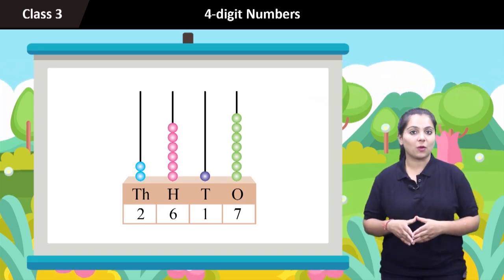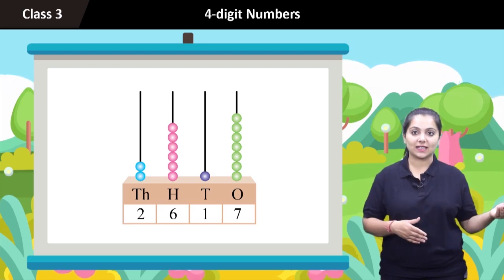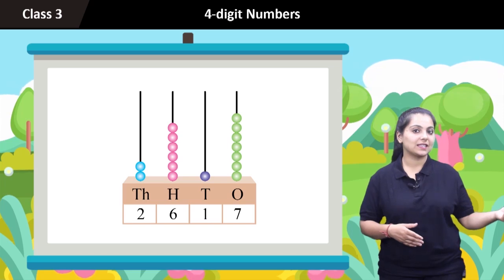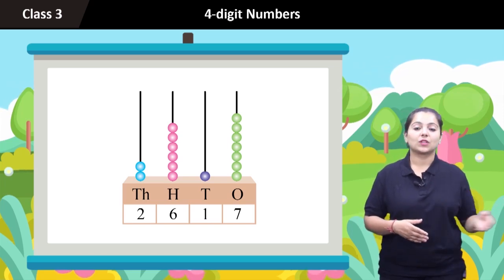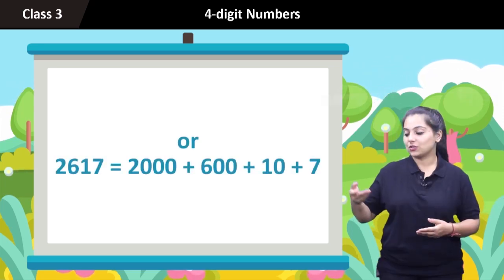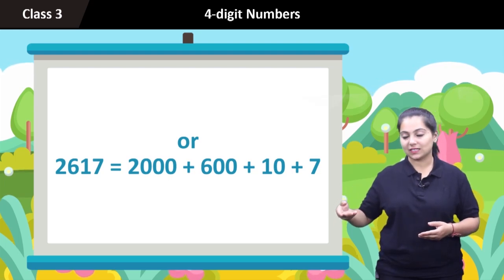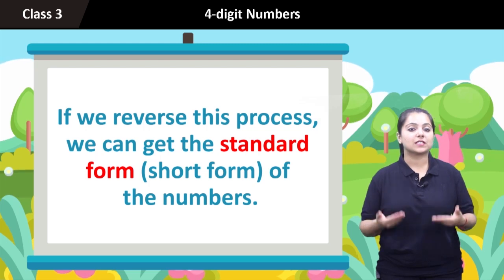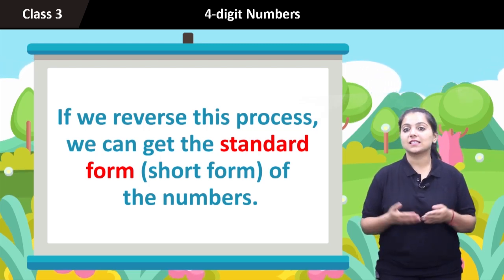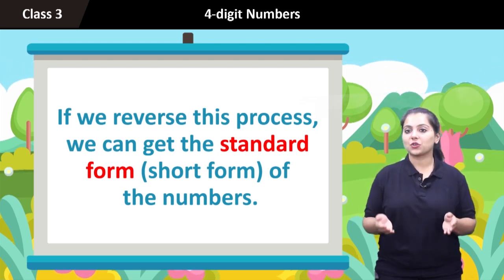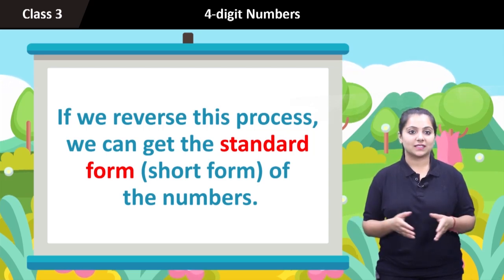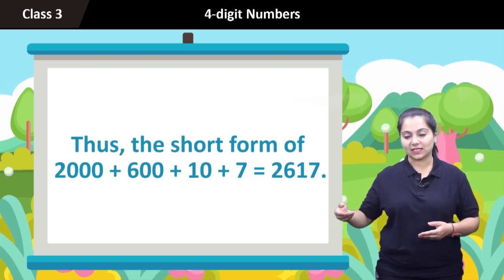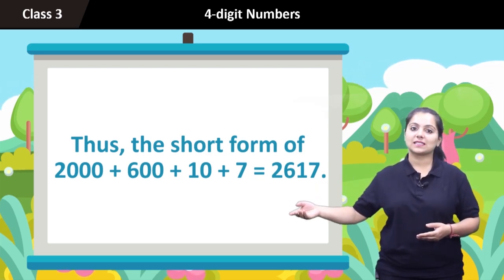Thus, the expanded form of 2617 is 2000 plus 600 plus 10 plus 7 ones. If we reverse this process, we can get the standard form, that is, the short form of the number. Thus, the short form of 2000 plus 600 plus 10 plus 7 is 2617.